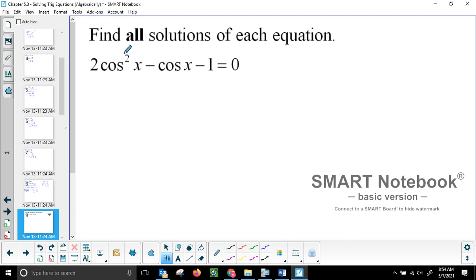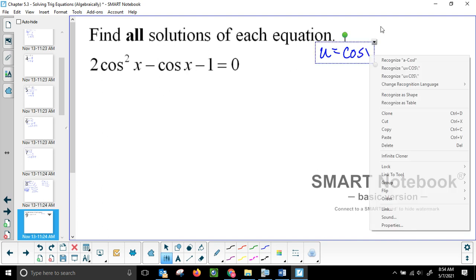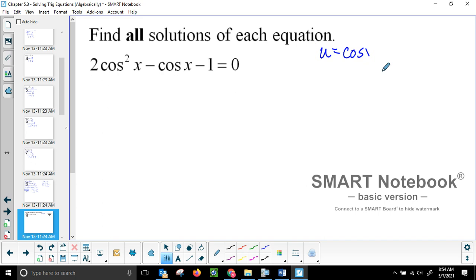So what does this look like? It looks like a function you can factor. It looks like a quadratic function. Remember when we talked about these a few days ago, we said if we just let u equal cosine of x, then u squared would have to be cosine squared x. So if we replaced that in this equation, we would get 2u squared minus u minus 1 equals 0.